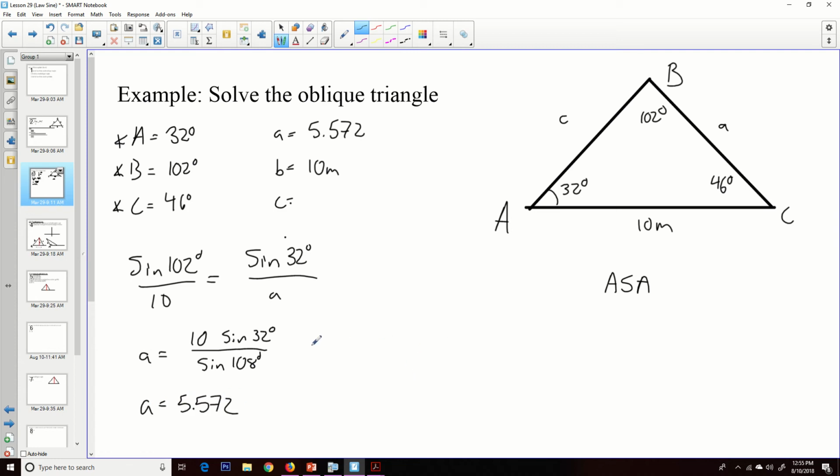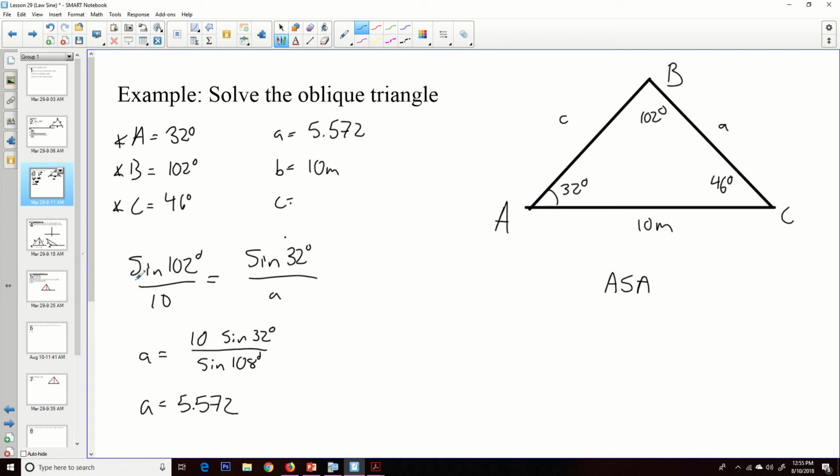All right, so to solve for little c, we're going to do essentially the same thing. Now, we've already used a derived answer, so I don't want to use this number here.